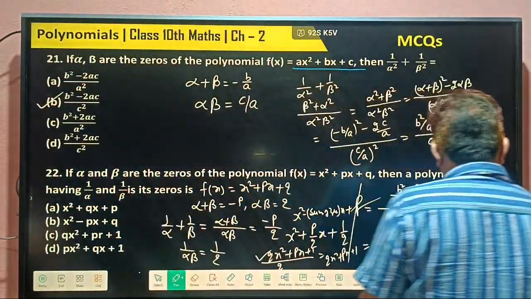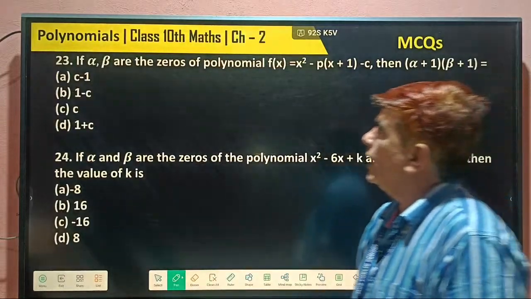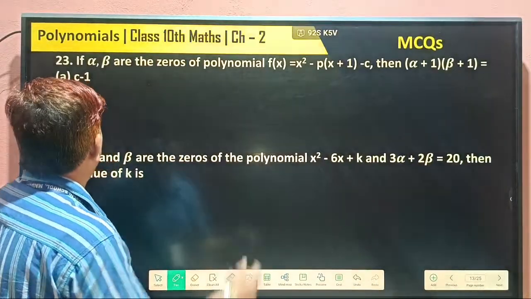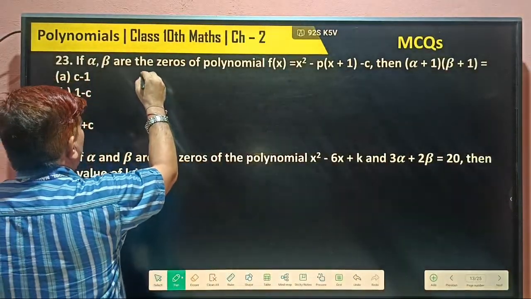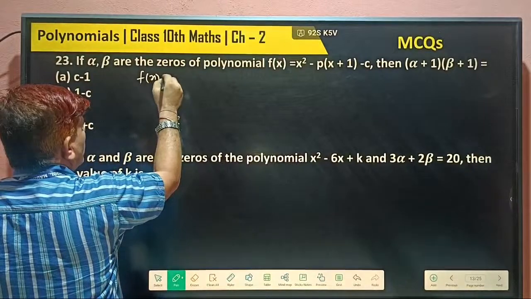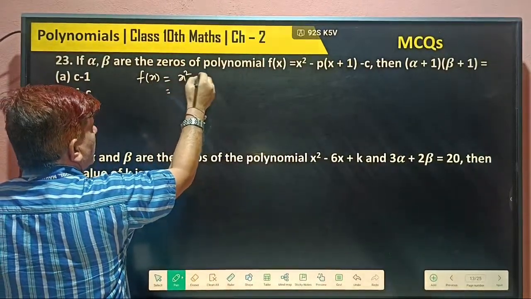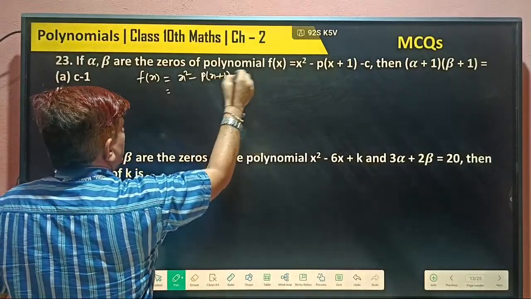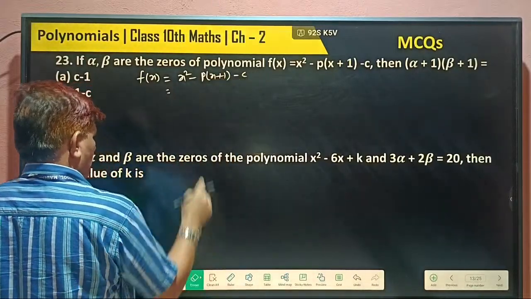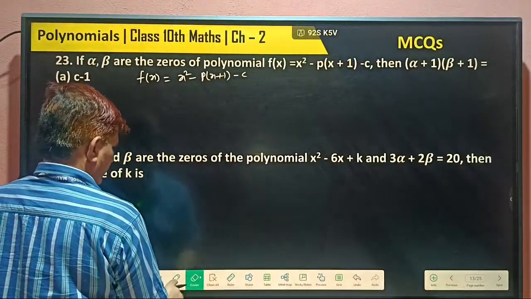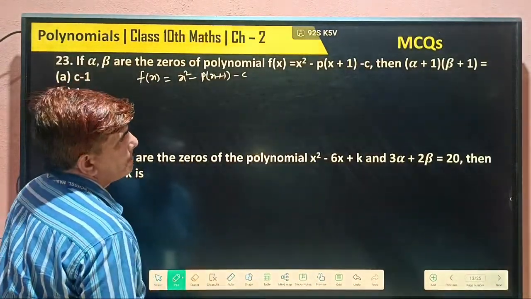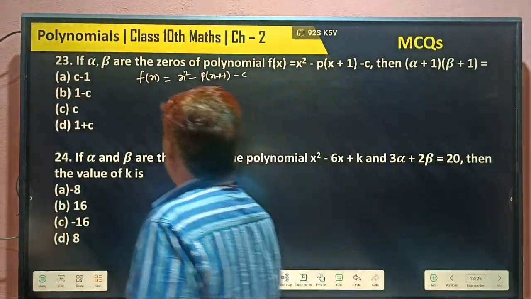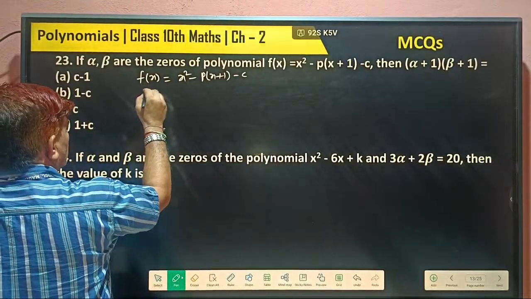Next, if alpha and beta are the zeros of the polynomial, whose polynomial? This polynomial f(x) is given: x square minus p into x plus 1 minus c, where c is given. Then alpha and beta. So what's your f(x)?